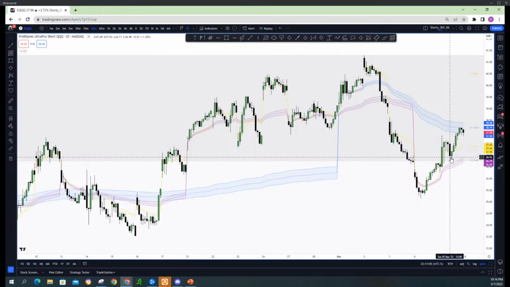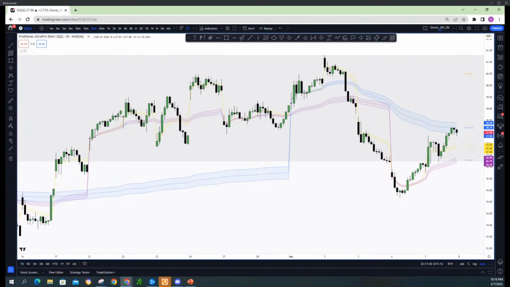The ProShares, is that an actual stock ticker? Yeah, SQQQ, that's a ticker. That's an inverse of the Qs. So I got 37.96, and you got 36.90? I don't know who said that, but that's a pretty darn good fill. 36.90 is very good.